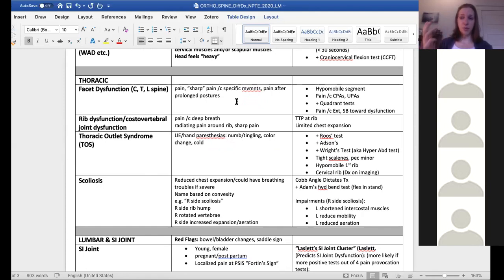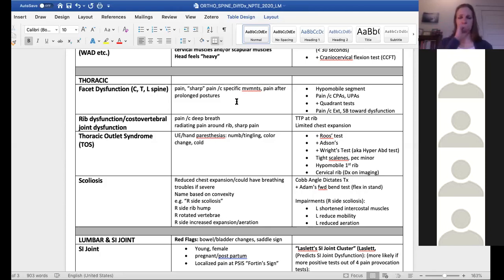Thoracic is going to be a little bit more stable, a little bit stiffer. A lot of what we're going to see in the thoracic spine are either facet joint dysfunction or hypomobility, or some sort of rib or costovertebral issue. So costovertebral joints and rib dysfunction is going to be an important one to differentiate from facet dysfunction, because they are so close regionally within the thoracic spine.